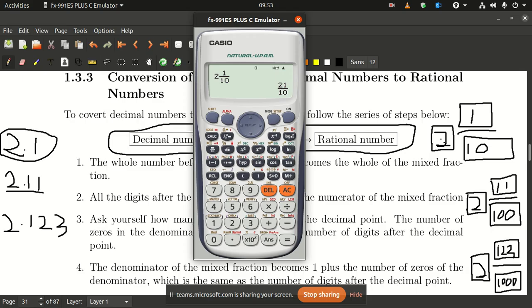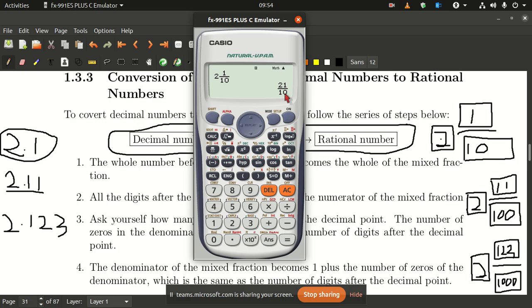As you can see here, 2 times 10 is 20, and 20 plus 1 is 21. The denominator you take as it is. Now you have a rational number.